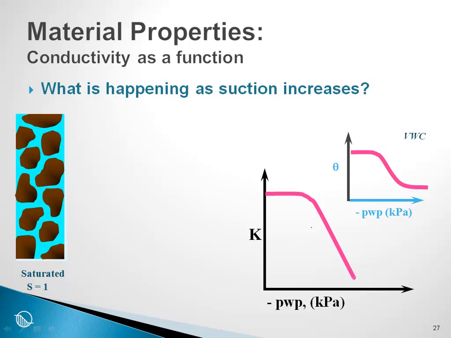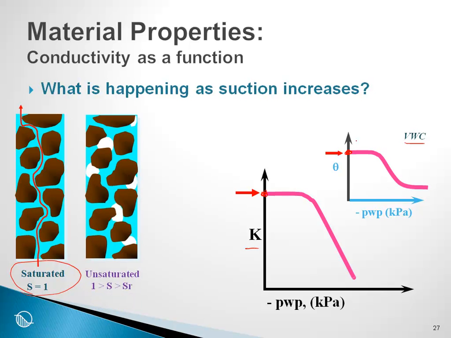To illustrate this a little further, we have some graphics here in the context of the volumetric water content function and the conductivity function. Once again, here we have a sample that is completely saturated. You will see that there is a path through liquid water, and under these conditions we have K sat here, and we have the porosity.